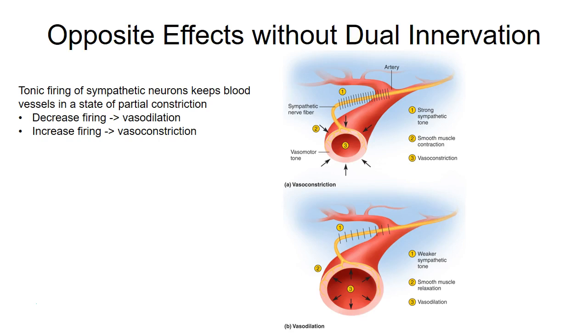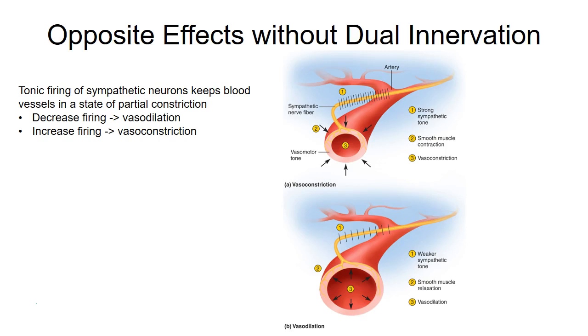Now, if we increase that sympathetic firing rate, what happens to the contraction of those smooth muscles? The contraction goes up, which means what happens to the diameter? It gets smaller. So the blood vessel diameter is controlled just by the sympathetic nervous system firing rate.